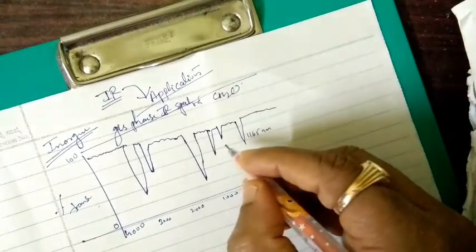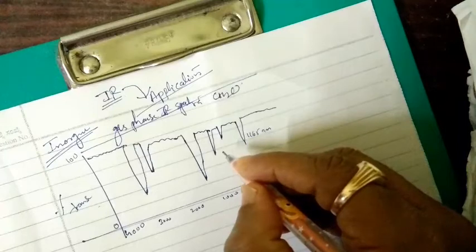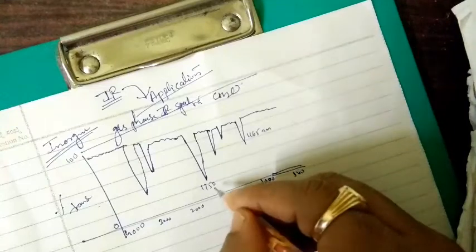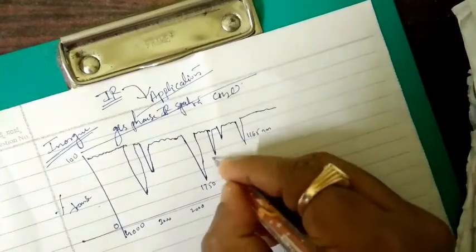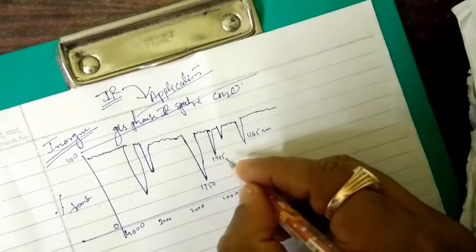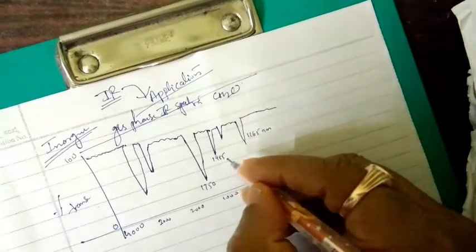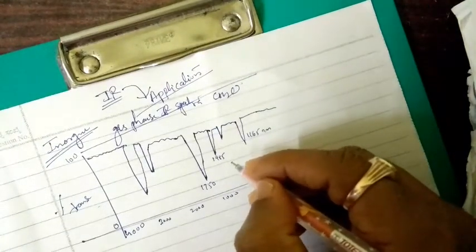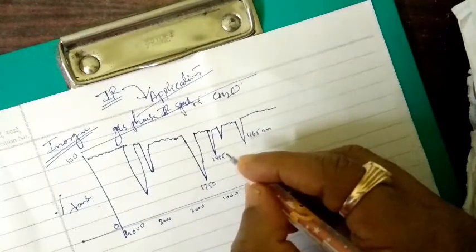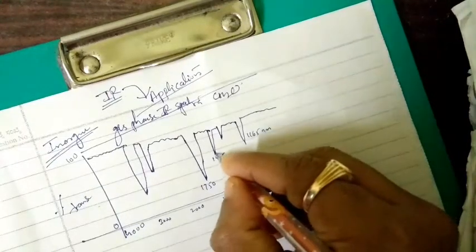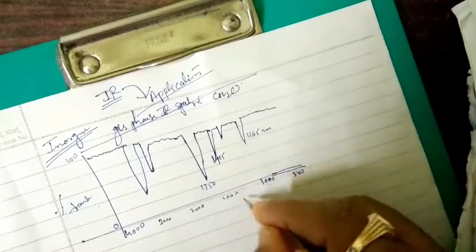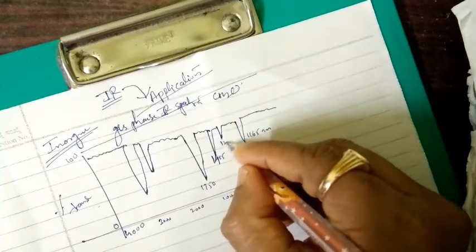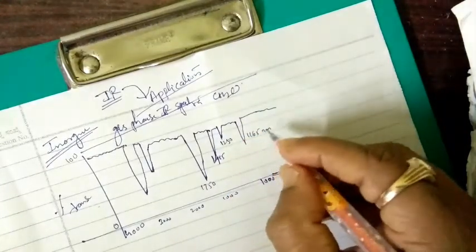Here we can see 1750 for carbonyl, then around 1485, then 1250, and 1165.